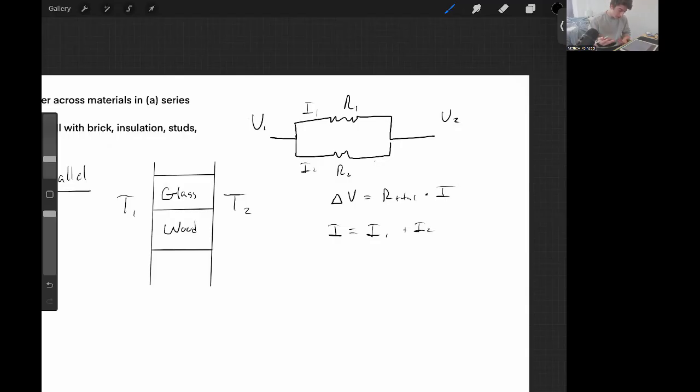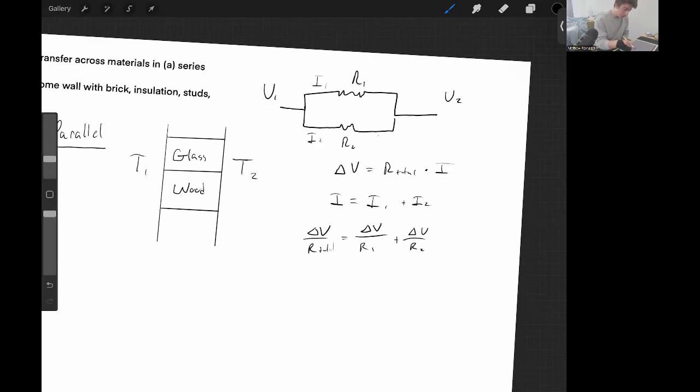So knowing that, we can now reverse this equation and say, okay, well, this current actually equals change of voltage over resistance 1 plus change of voltage over resistance 2. And we can say that this is equal to change of voltage over the total resistance.